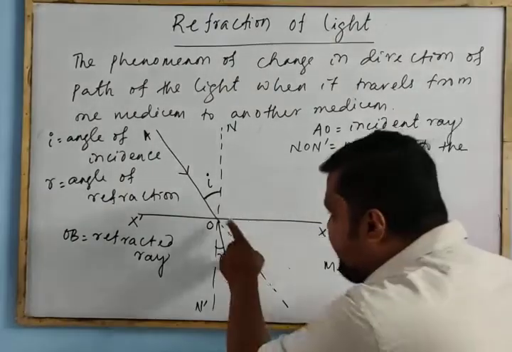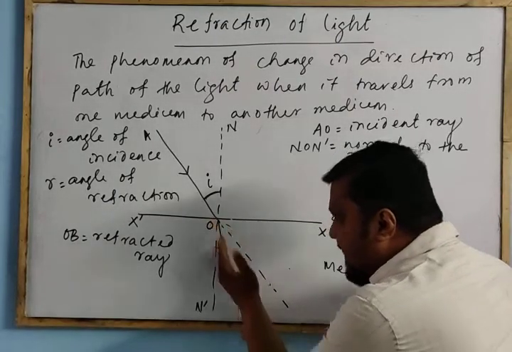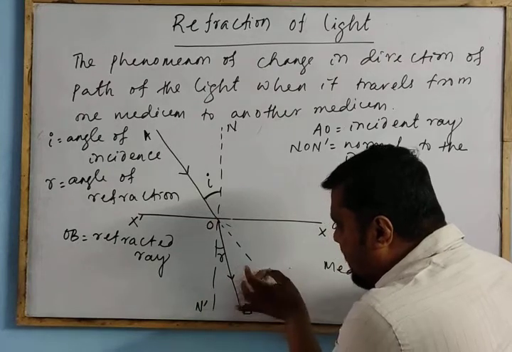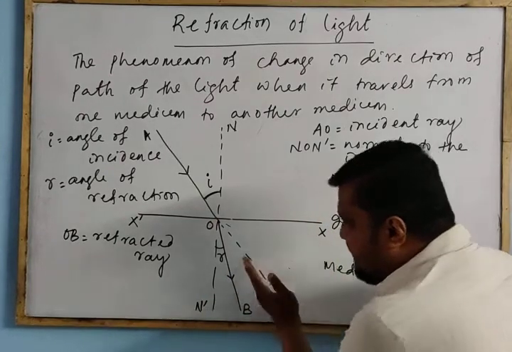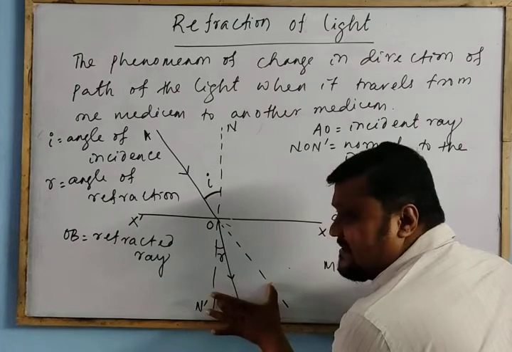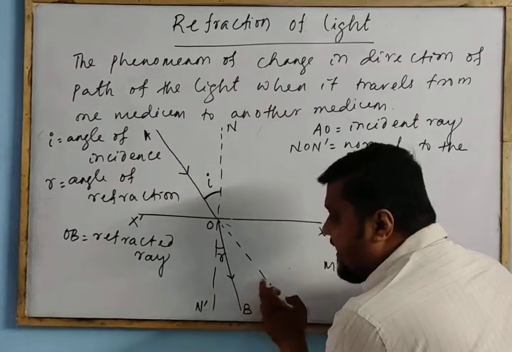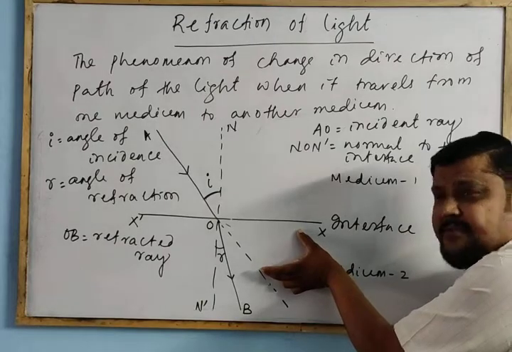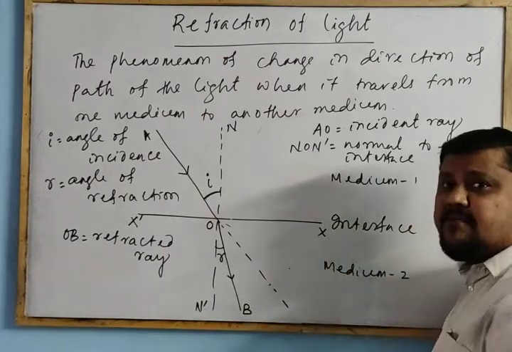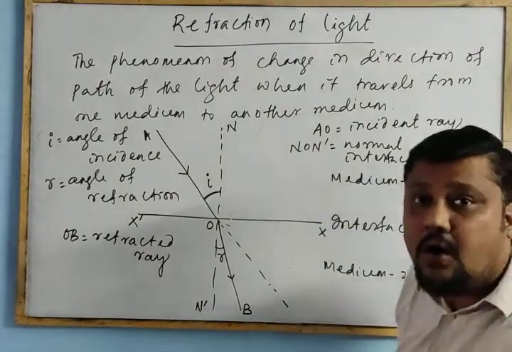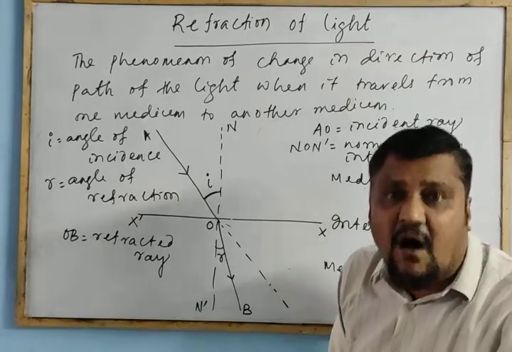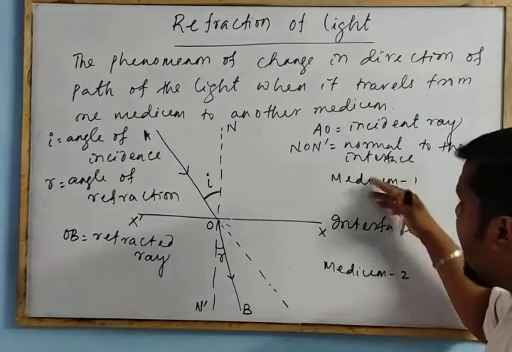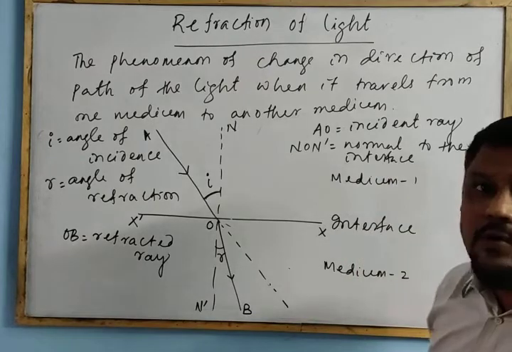The refracted ray can be in this region or in this region. If the ray is refracted in this region, we say it bends toward the normal. If it is in this region, we say it is refracted away from the normal. That depends on the nature of the two media.